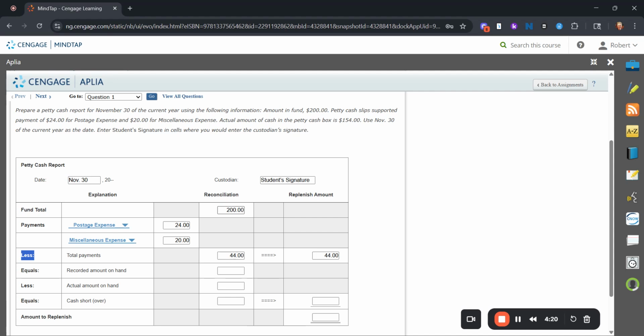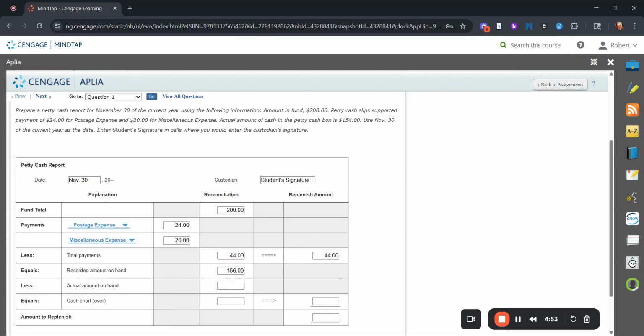So we've got the fund total of $200 less total payments, meaning we're going to subtract those. So $200 less or minus the $44 equals $156. So that's the recorded amount on hand. So on paper, that's the amount that should be in petty cash, $156.